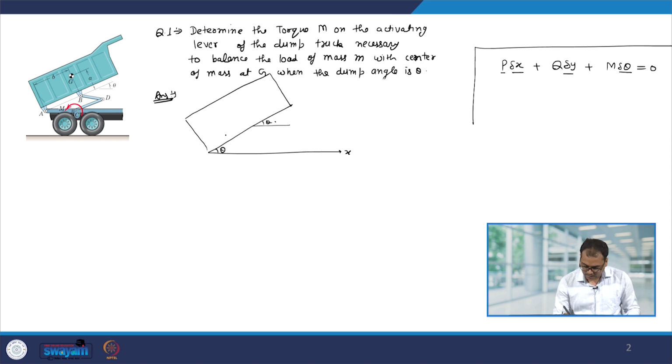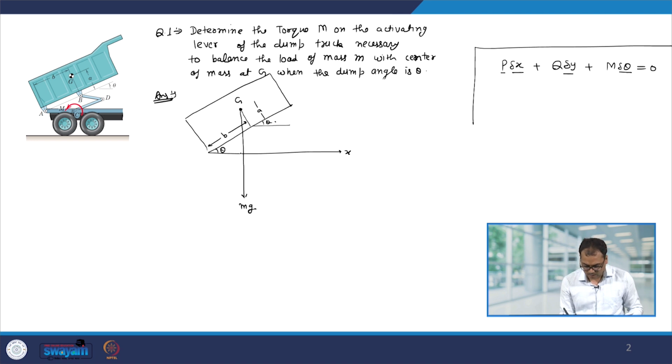This length is B, its center of mass is at G, this height is A, and its weight is going to act downward, so let us say it is mg.